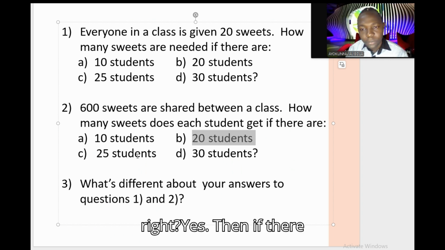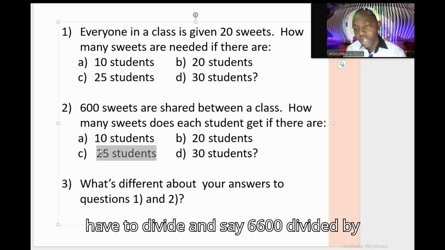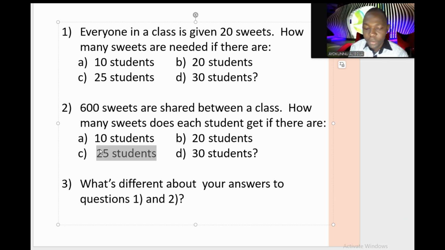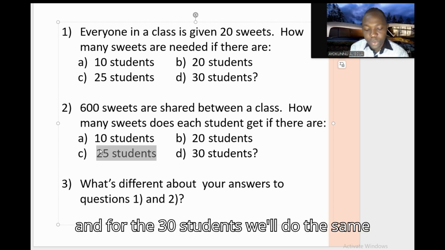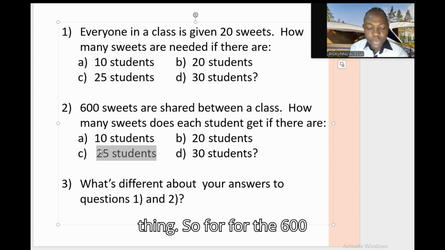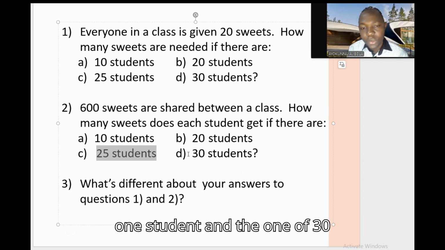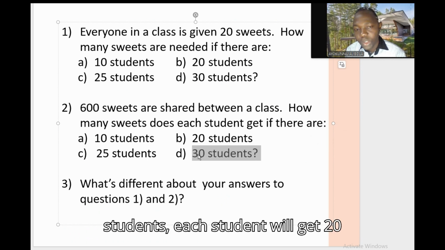Then if there are 25 students, we just divide 600 by 25, and we get 24 sweets for one student. And for 30 students, each student will get 20 sweets.